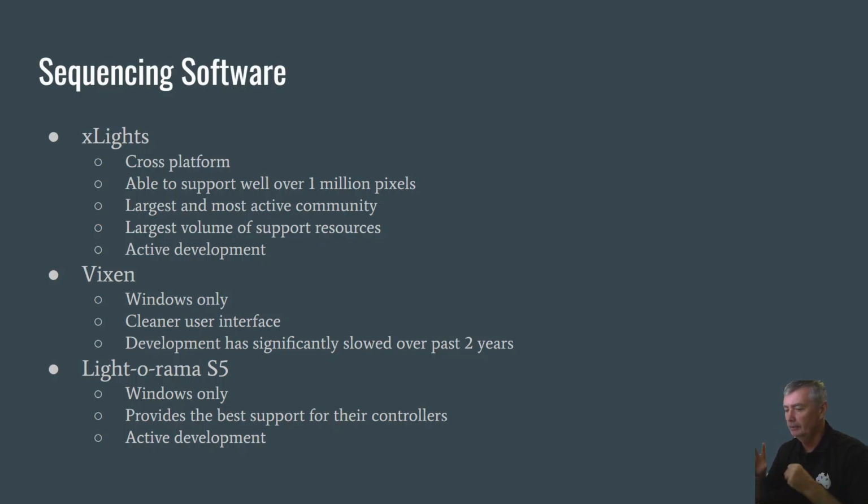And so it doesn't really look like xLights, but it has got some commonalities to it. Many of the effects overlap, and there's a number of features which have also been incorporated into S5. It's not a bad sequencer at all. And like I said, particularly if you're using their hardware, potentially a good option for you.